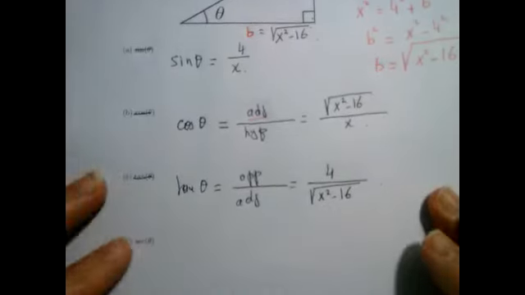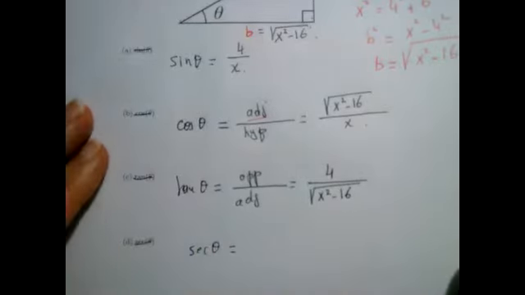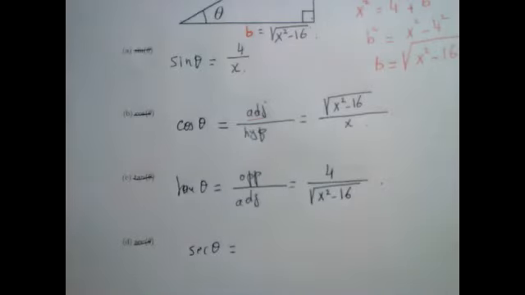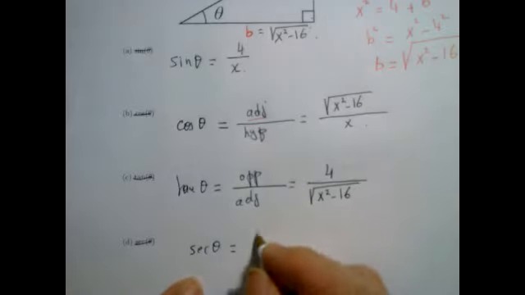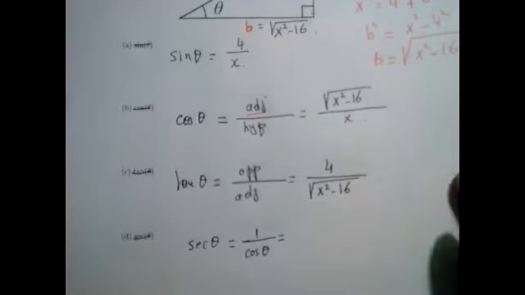Now, what's the secant? The goal here is to remember all your tricks in a right triangle. What's the definition of a secant? The secant is 1 over the cosine.